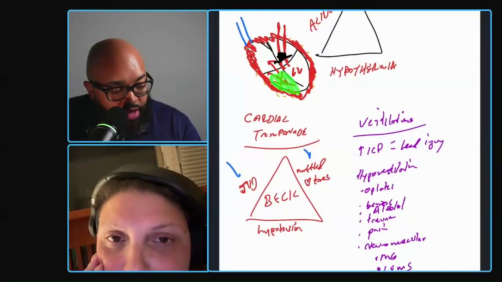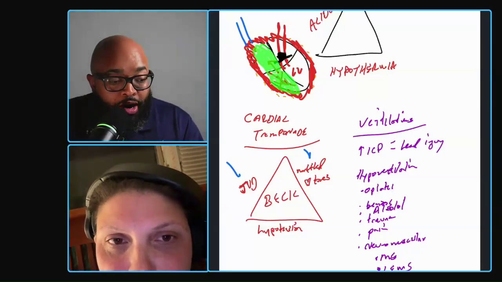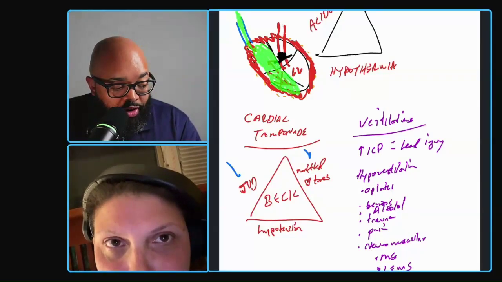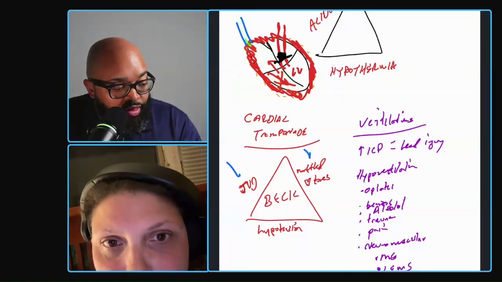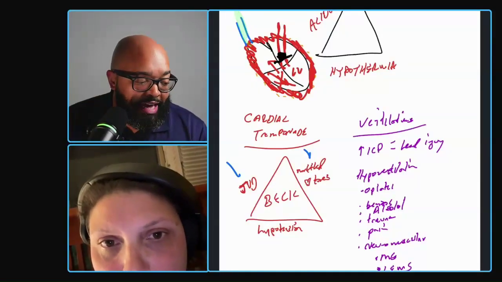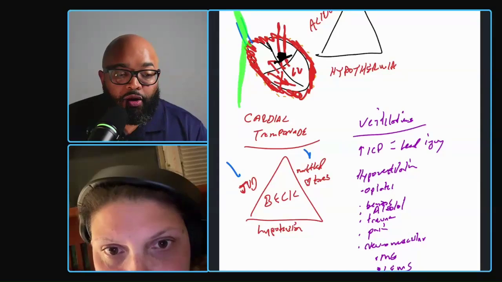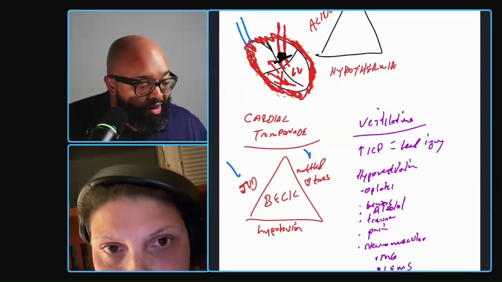And then, for instance, it backs from the right ventricle up into the right atrium. And then remember how it came into the heart. It came through the superior vena cava, the inferior vena cava. So as it goes toward the upper body, it's going to make the neck veins bulge out. As it goes toward the lower body, we'll have, for instance, edema later, kind of like with right-sided heart failure.